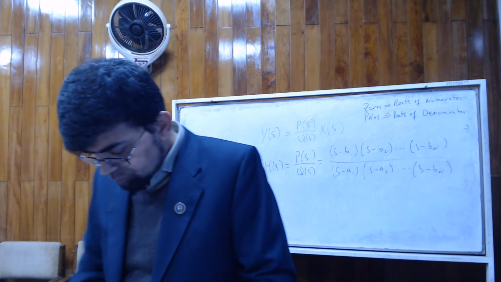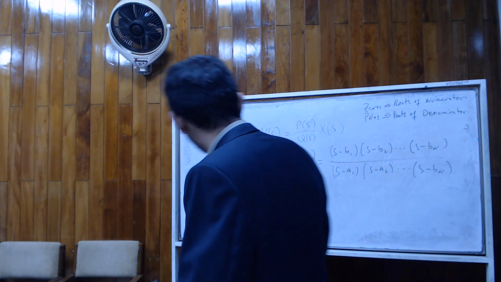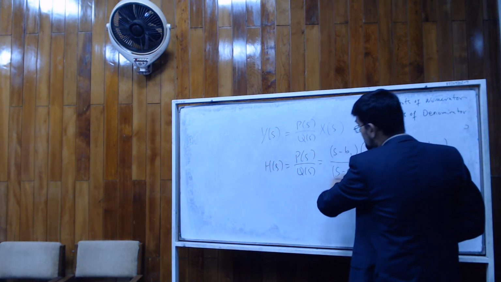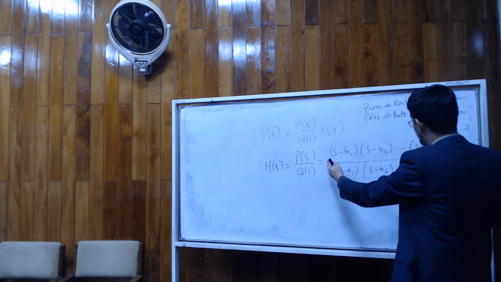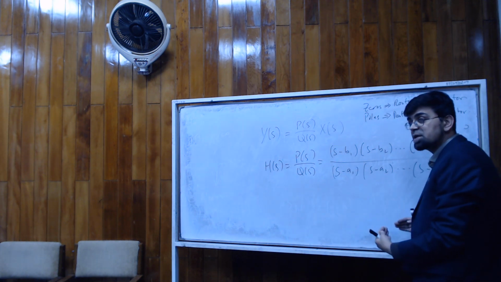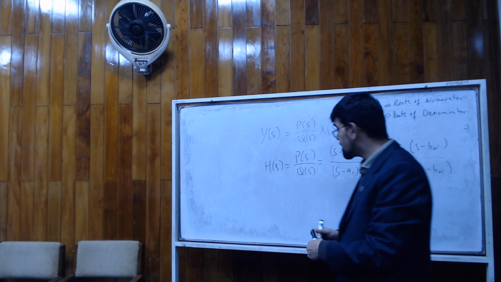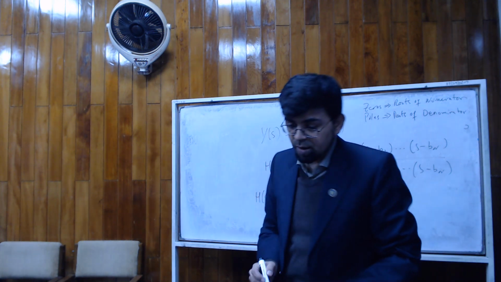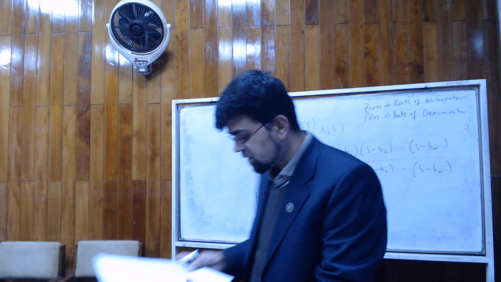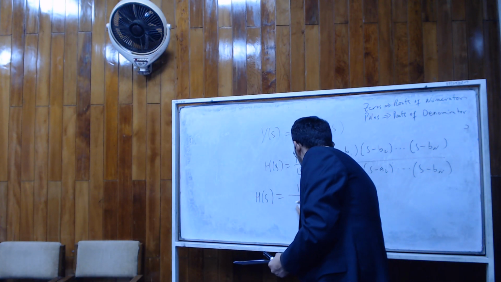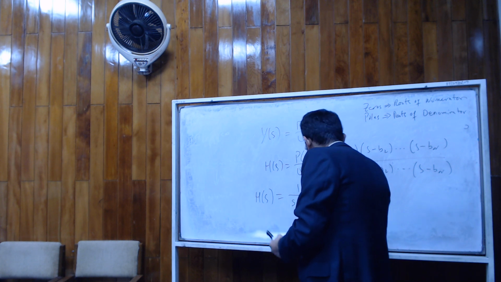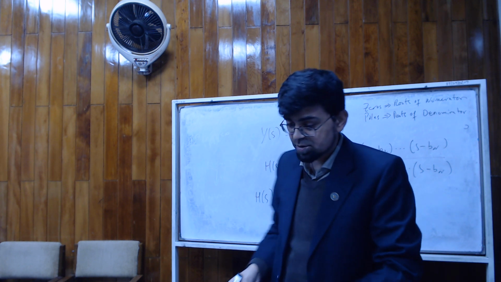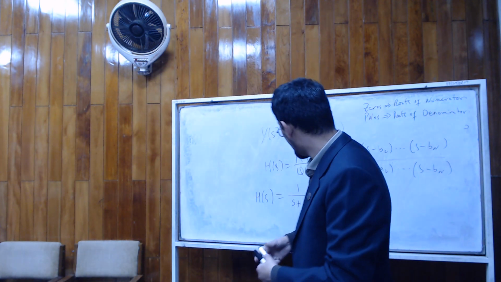Now let's see. You saw that we were able to write for z transform at least, and the same will hold here. We were able to do a partial fraction expansion, okay? In that case you are often able to write this guy. Let's say I'm just giving you one example. Let's say I have done some partial fraction expansion of some LTI system's transfer function, and it is like this.